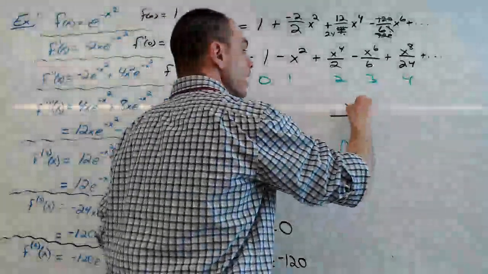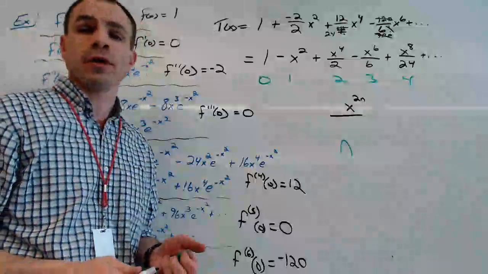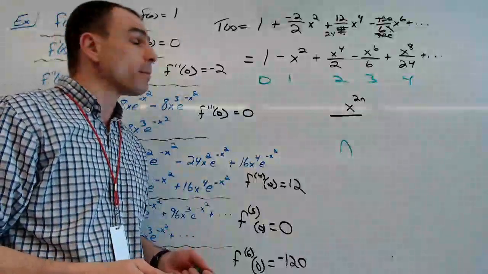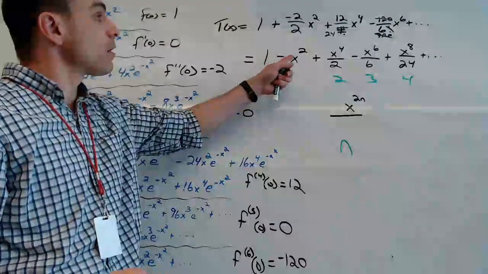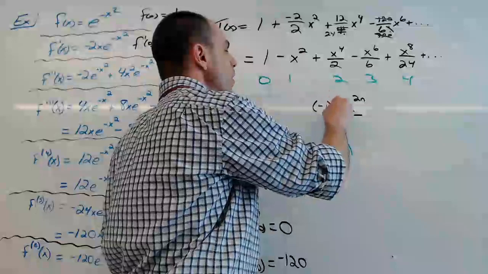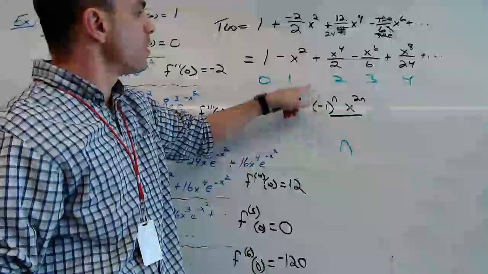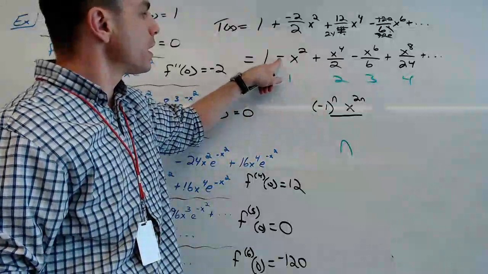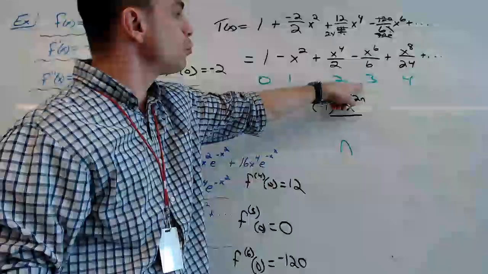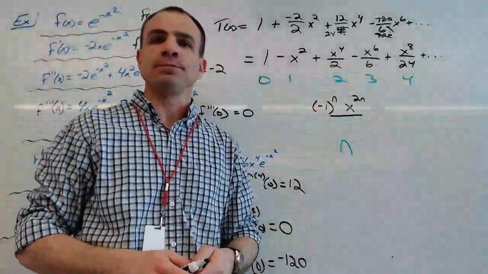That is going to allow us to have the appropriate exponent. Now, in addition to that, we notice that we are alternating. So that's going to require the -1 to the nth power. For -1 to the first power, we get a negative term, and for -1 cubed, we also have a negative term. So that's our alternating part.